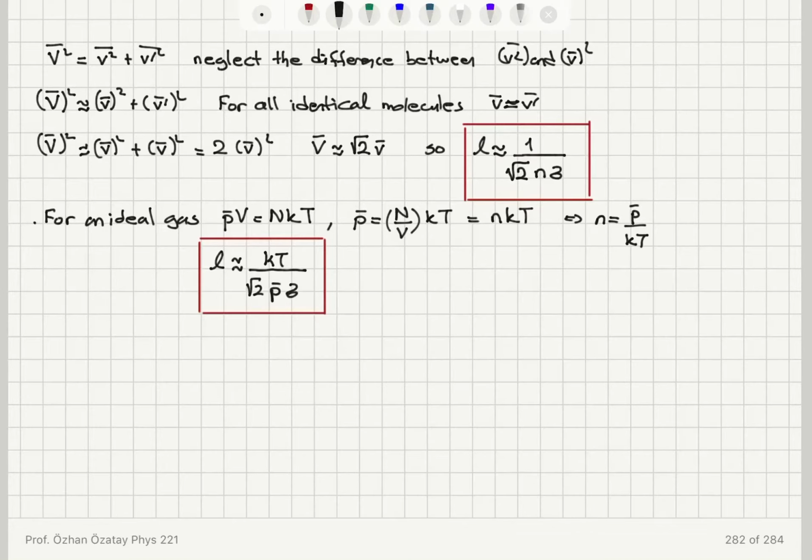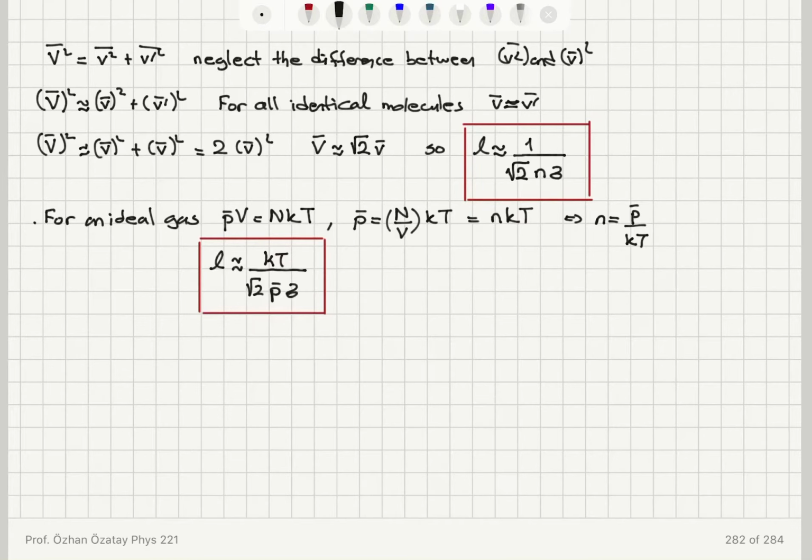If we have a high temperature, we're going to have a large mean free path. If we have larger molecules, the total scattering cross section will increase, and the mean free path will decrease. If we have high pressure, the mean free path will decrease according to this elementary theory.